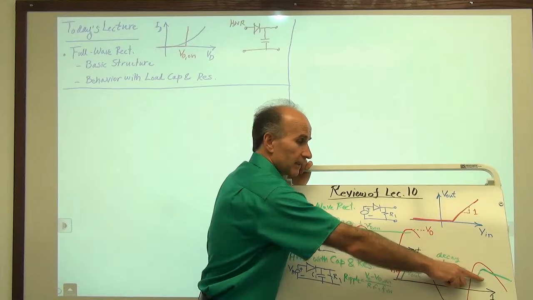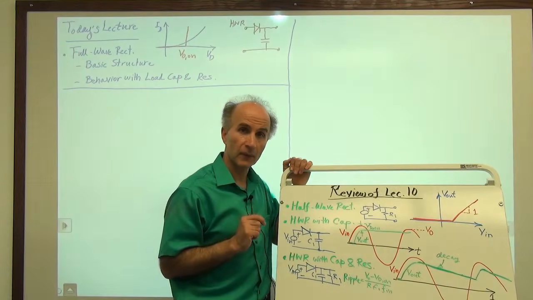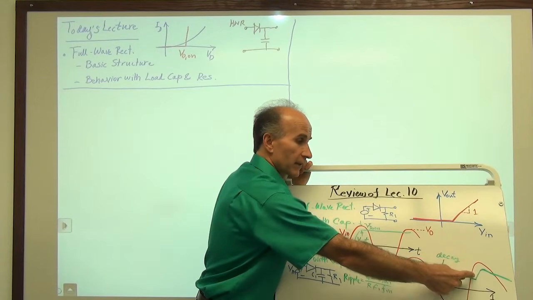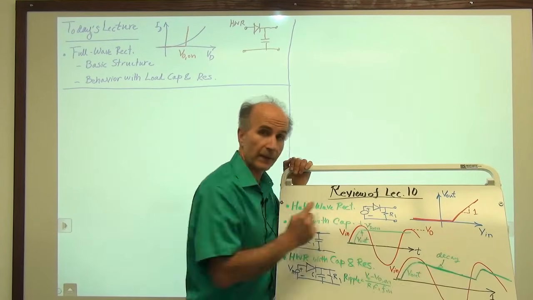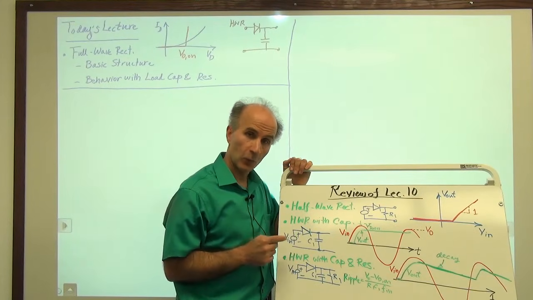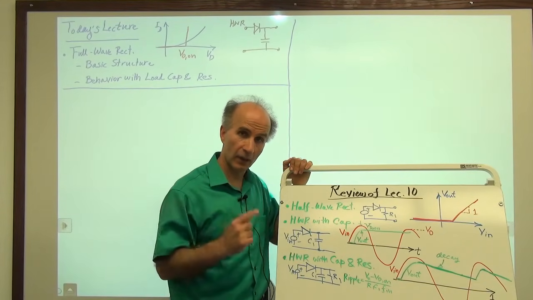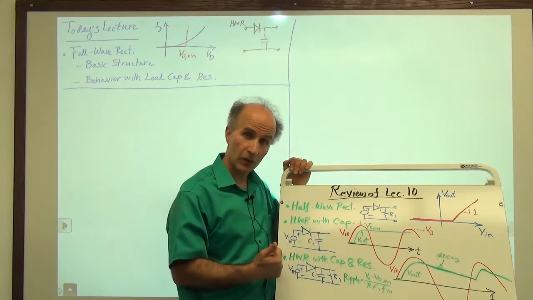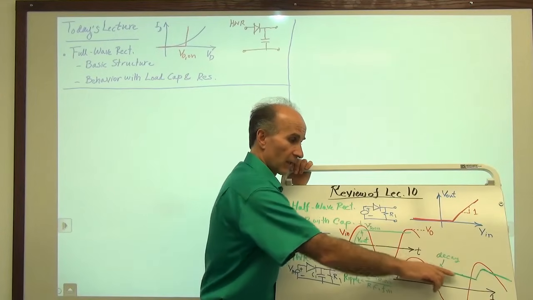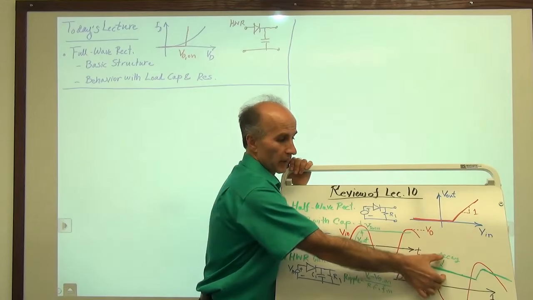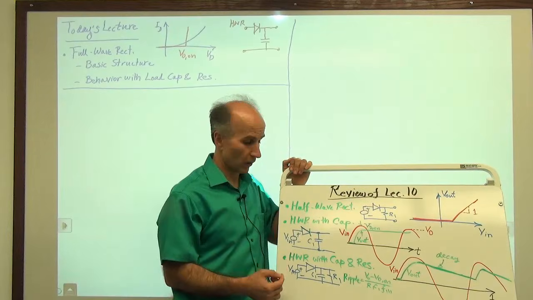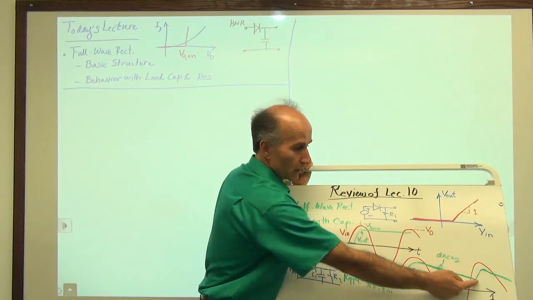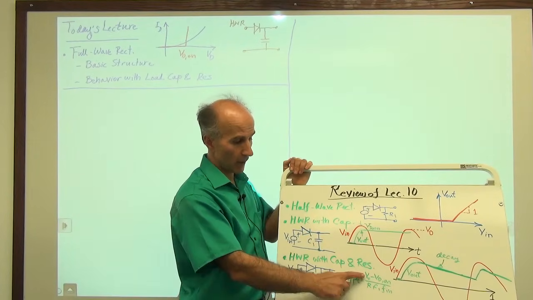It decays downward until next time around when the input comes up and turns on the diode again and charges the capacitor again. So now the output has some variation in it, which we called the ripple. And in fact, using some approximations, assuming that this decay is very slow and this ripple is very small, we saw that the ripple amplitude, peak-to-peak amplitude from here to here, can be approximated by this simple equation.